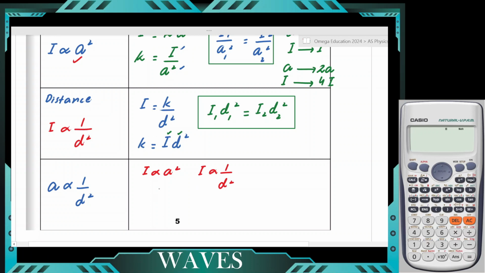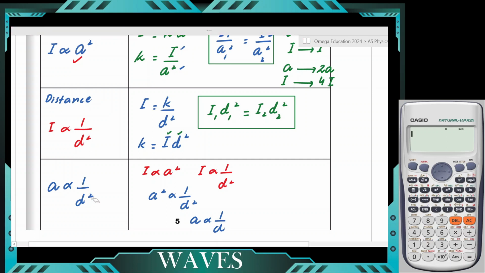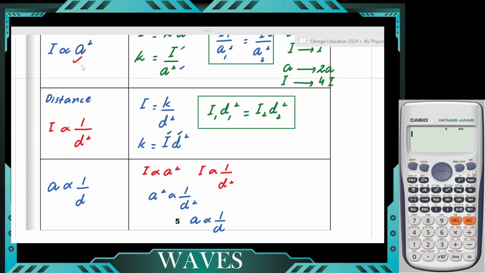Now if you combine these two, the left hand side is the same. If you combine the right hand sides, it looks something like this. And if you take the square root on both sides, it will be reduced to this. Sorry, we don't have a square over here. It is amplitude is inversely proportional to distance from the source. So this is how we derive this one.